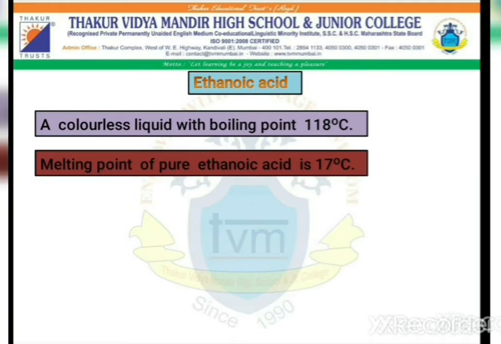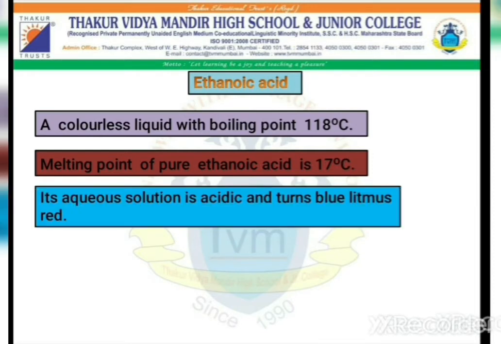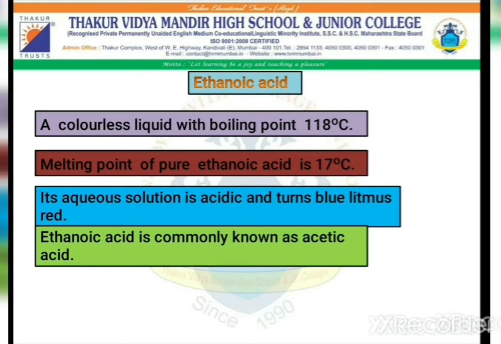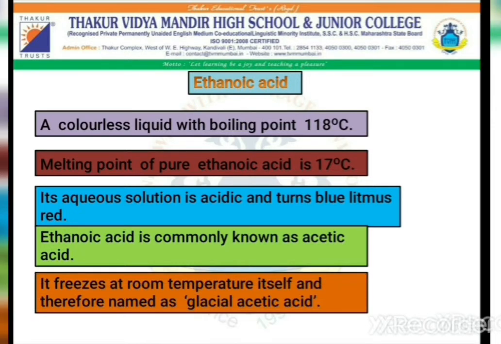Its melting point is 17 degrees Celsius. Its aqueous solution is acidic and turns blue litmus red. It is commonly known as acetic acid, or as I said earlier, vinegar. It freezes at room temperature and therefore it is named glacial acetic acid.